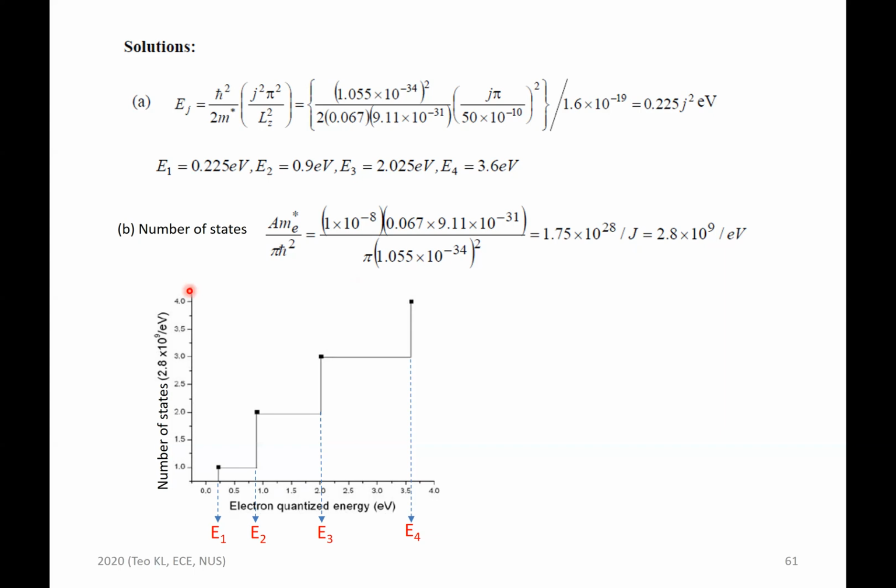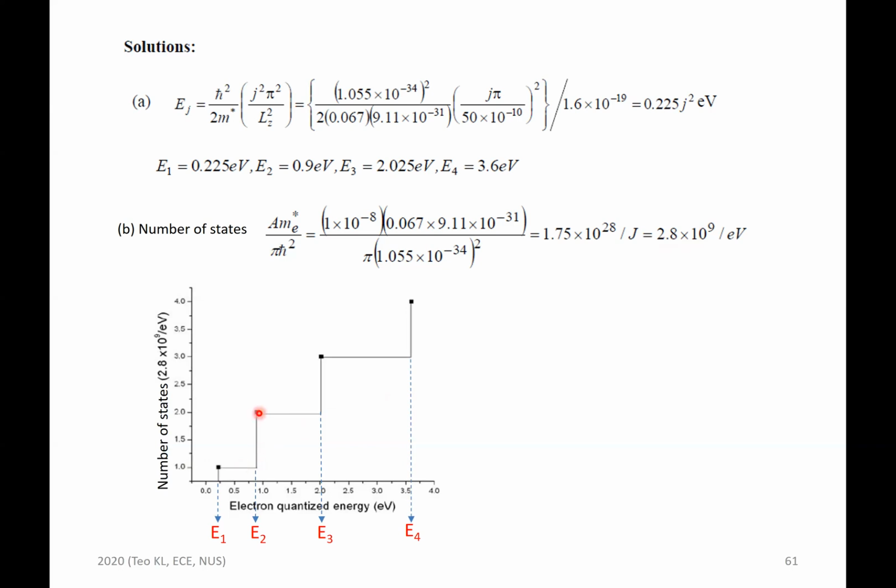If you plot the number of states as a function of electron quantized energy, you have E1, E2, E3, E4 down here. So it will be a step function. From E1 to E2, the number of states will be 1 times 2.8 times 10 to the power of 9.